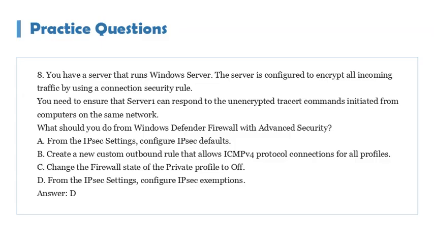A. From the IPsec settings, configure IPsec defaults. B. Create a new custom outbound rule that allows ICMPv4 protocol connections for all profiles. C. Change the firewall state of the private profile to off. D. From the IPsec settings, configure IPsec exemptions. Answer: D.